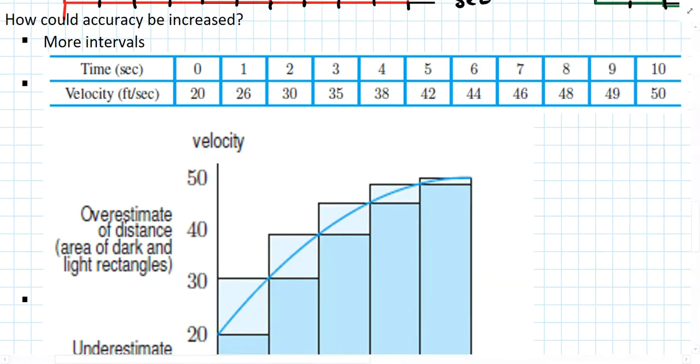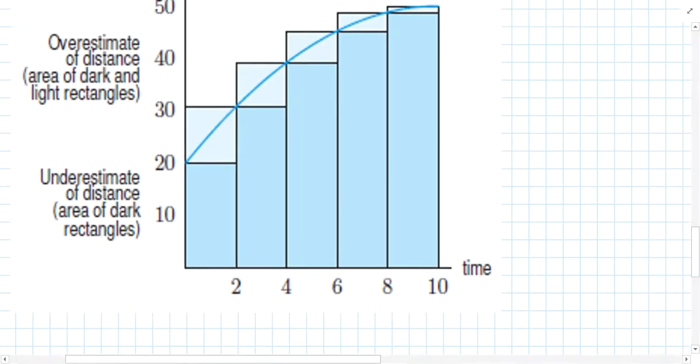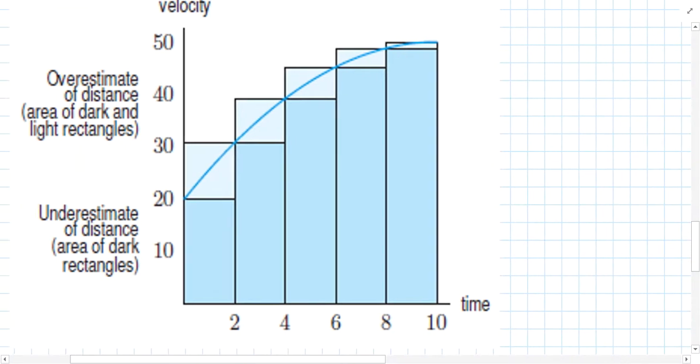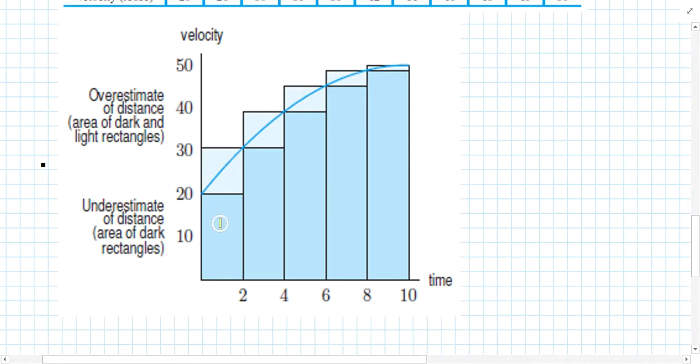Now, effectively, what that does is it creates many more rectangles that are a bit narrower, but they'll more closely approximate the actual results. So in this sketch, you can see the underestimates in this darker blue and the overestimates in the lighter blue superimposed on top of one another.